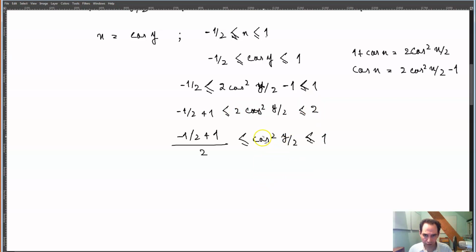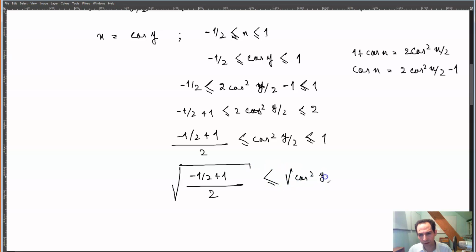And then again, I need to take the square root of all sides of this inequality, which gives me the square root of negative 1/2 plus 1 over 2 is less than or equal to the square root of cos squared of y divided by 2, and that is less than or equal to the square root of 1 is equal to 1.